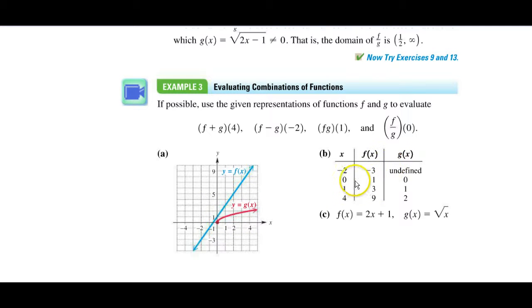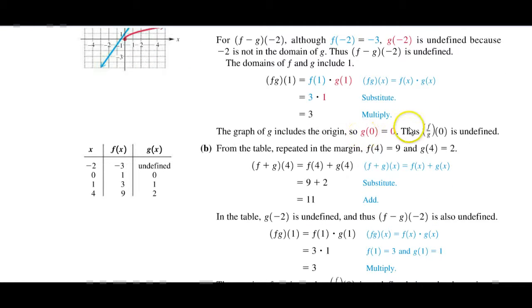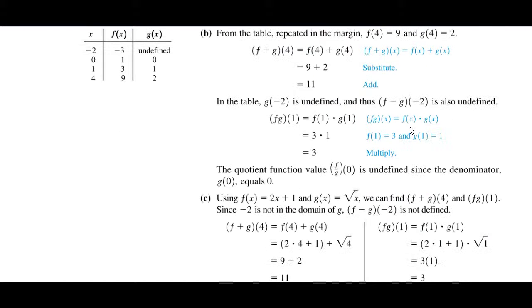And then when we have g at 0, it is 0. Now, when we divide our f function by the g function, we get 1 divided by 0. And what did we say that was? That is undefined. So we now can go to the next page and see what we've just done here.